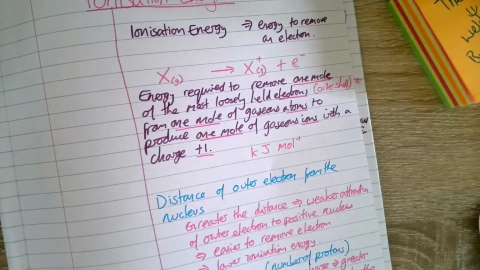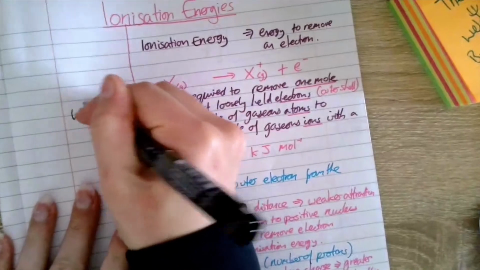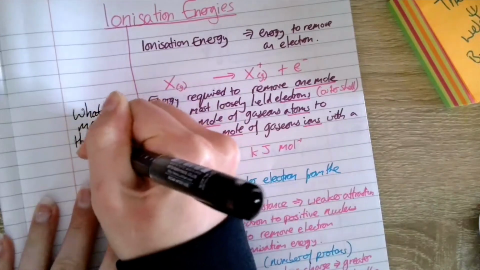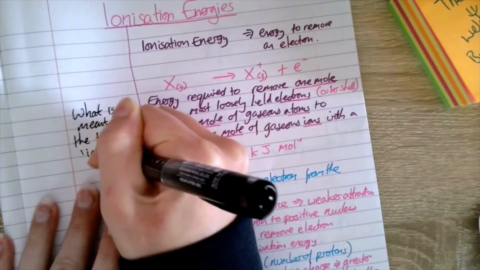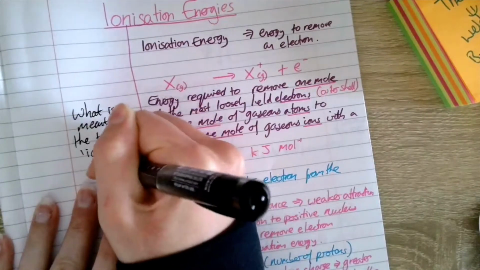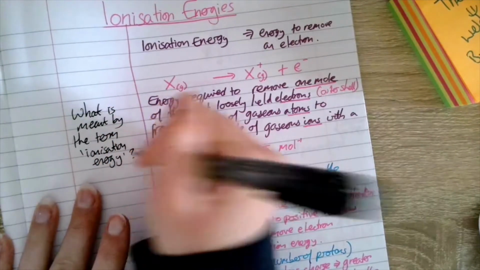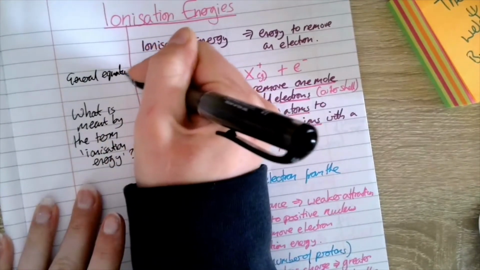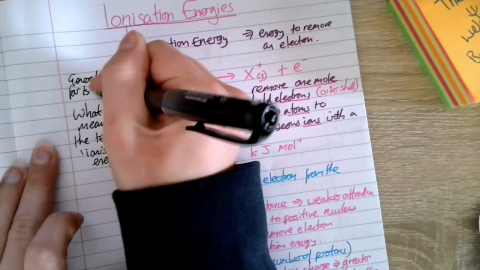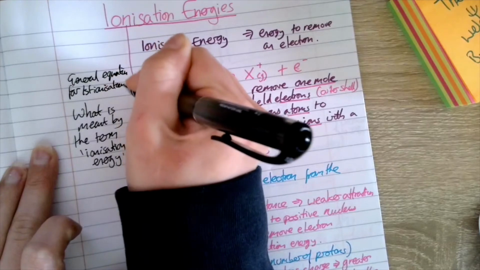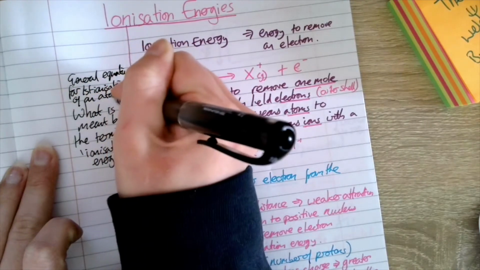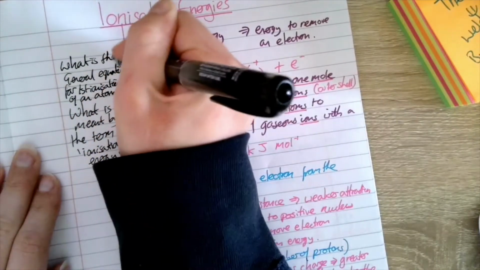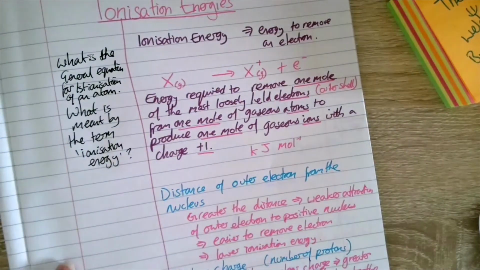Okay, so to recap what we have covered: what is meant by the term ionization energy? We've also looked at the general equation for first ionization of an atom. So we could say, what is the general equation for ionization of an atom?